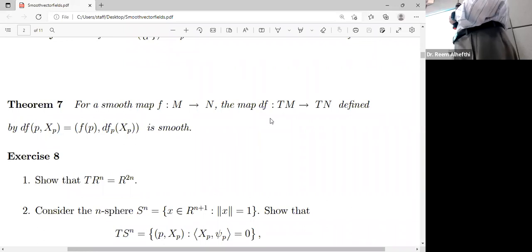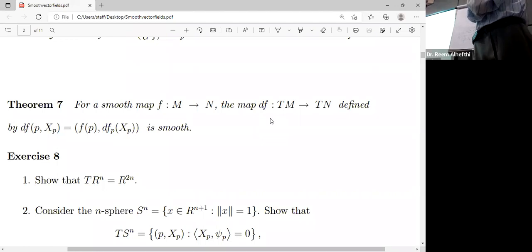Now, how is this defined? Df of a point (p, x_p) equals (f(p), df_p(x_p)). And using the differentiable structures of these two, it can be shown that this map is also smooth. What is df_p?